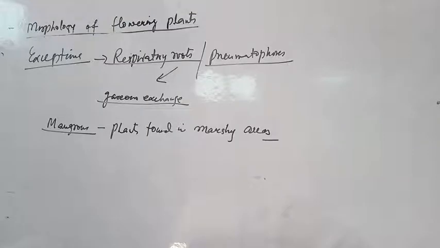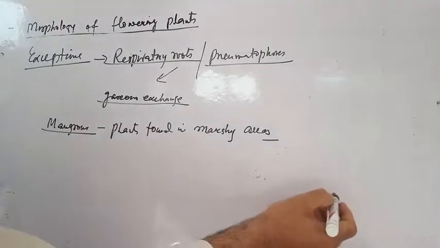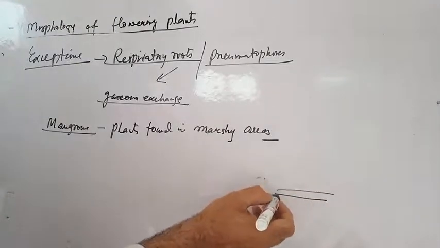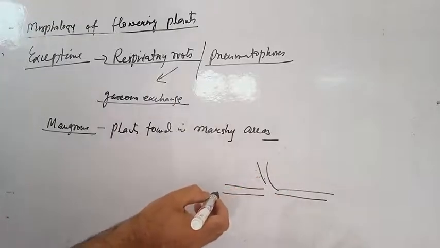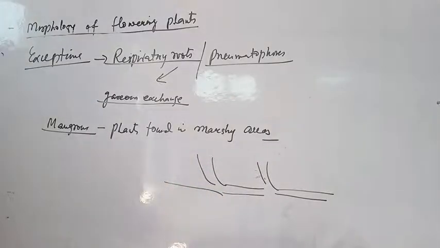In mangroves, some of the roots come out of the ground. They come out of the ground to perform gaseous exchange and are termed respiratory roots.